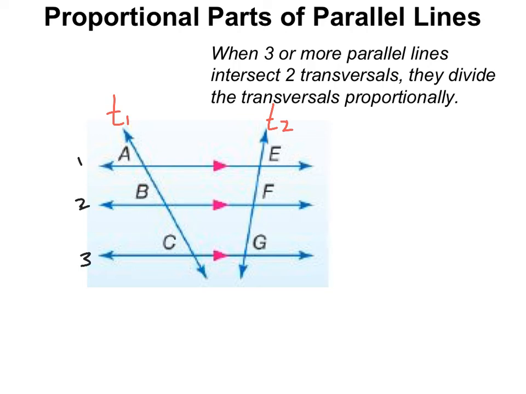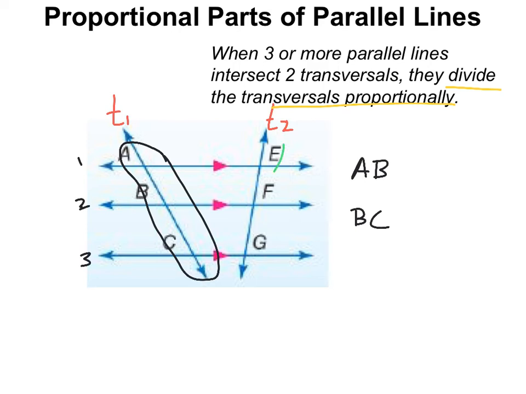So we know that it divides the transversals proportionally. So again, that means that we're getting pieces or parts of a line that are going to be proportionate to other parts of a line. So really, you could just take one set of lines, so AB and BC, and that's going to be proportional to the parts on the other line, which will be EF and FG, and those are set in proportion.